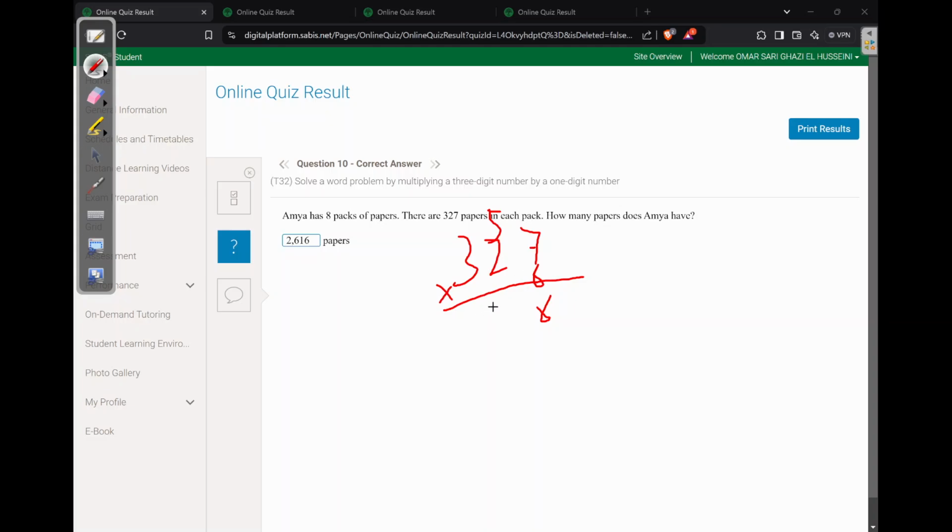We add that 5 equals 21. 2 up. 8 times 3 equals 24. We add that 2 equals 26. The answer is 2,616.